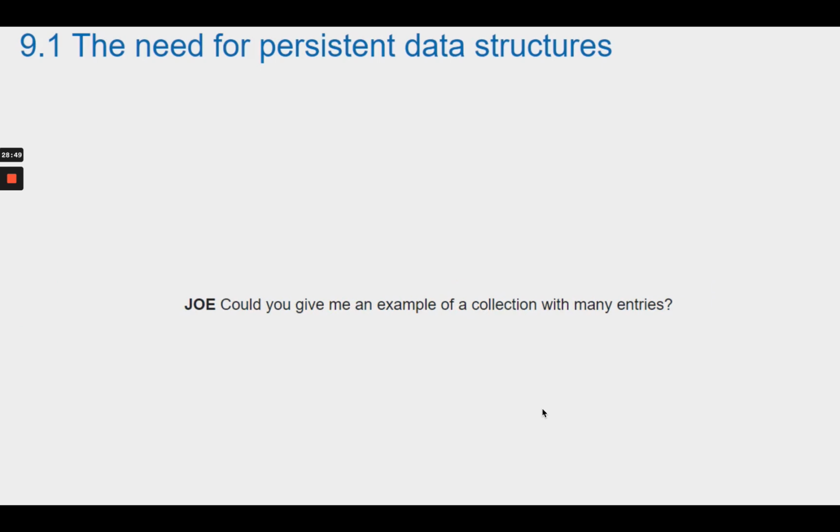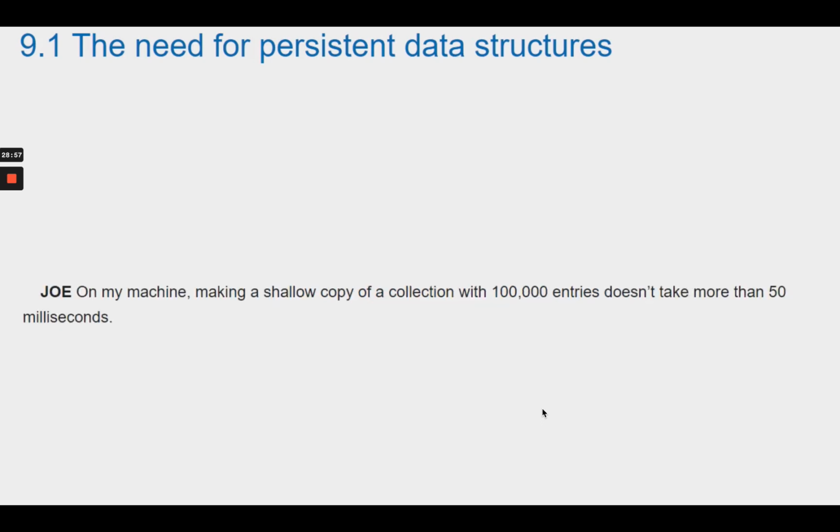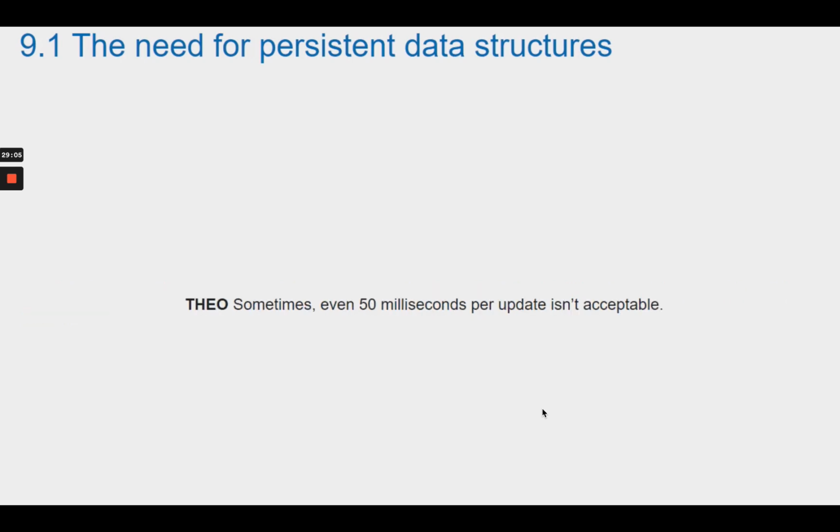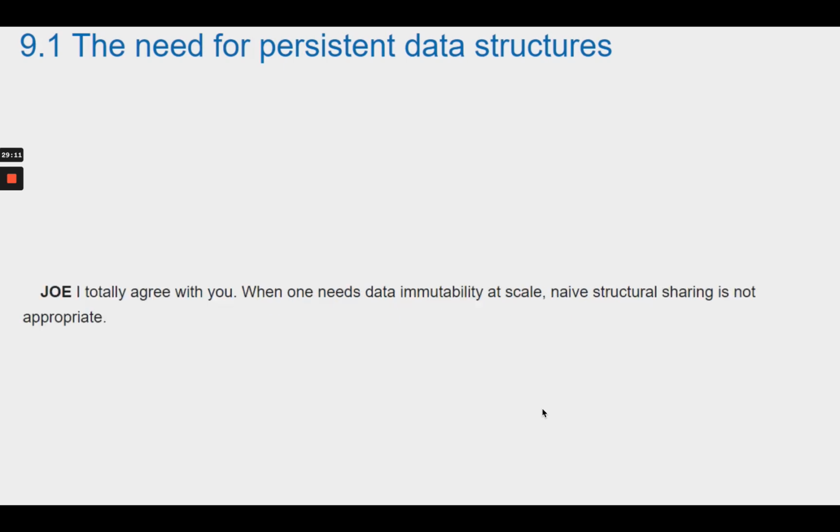Joe, could you give me an example of a collection with many entries? Theo, a catalog with 100,000 books, for instance. Joe, on my machine, making a shallow copy of a collection with 100,000 entries doesn't take more than 50 milliseconds. Theo, sometimes even 50 milliseconds per update isn't acceptable. Joe, I totally agree with you.